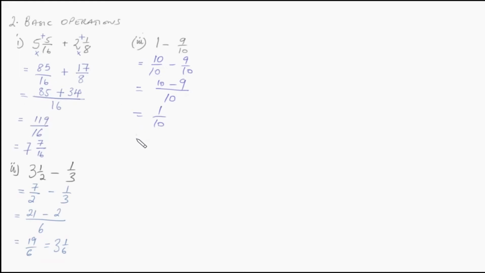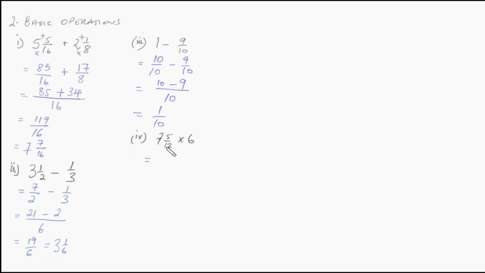Now let's look at this one: 7 5 over 12 times 6. Now what do we have here? This is a mixed number multiplied by a whole number, so let's change this into an improper fraction.